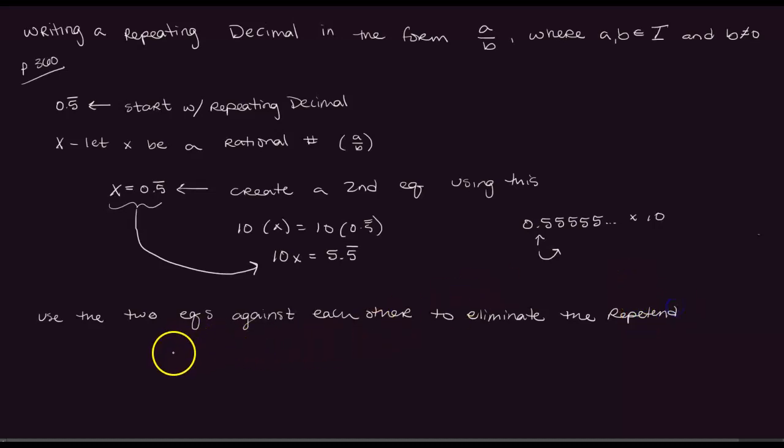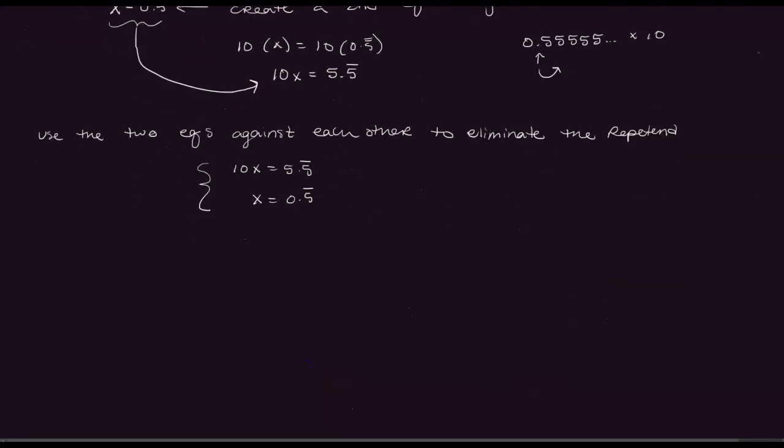What I mean by that is I'm going to create a system of equations with the 10x equals 5.5 repeating and the x equals 0.5 repeating. And I want to solve those two equations by adding them together. I'm sorry, subtracting, not adding.